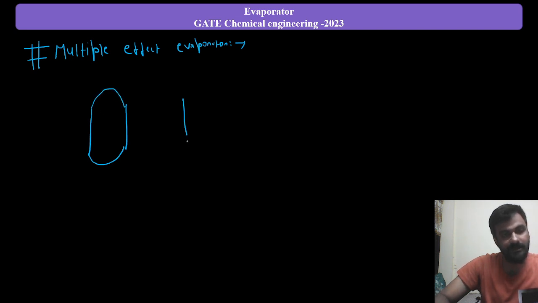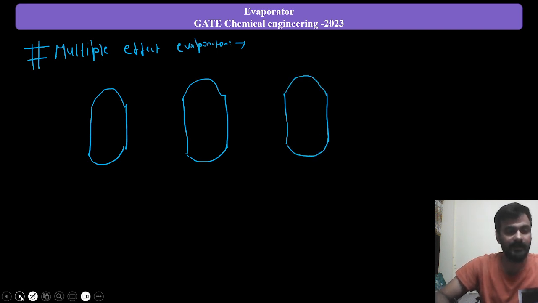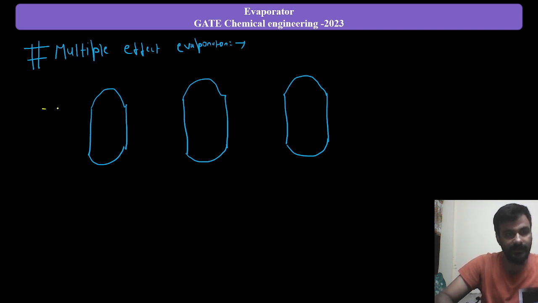Here you will see multiple evaporators connected in series, right? I am just taking three evaporators connected in series. Here you will be supplying feed, and here there will be a steam jacket, so steam will be coming like that.